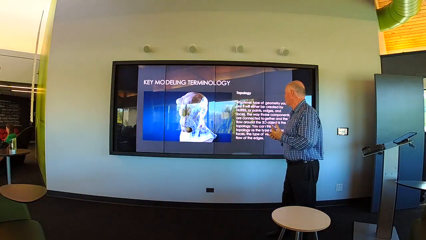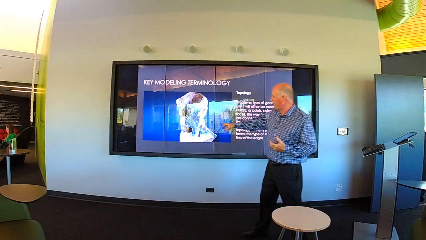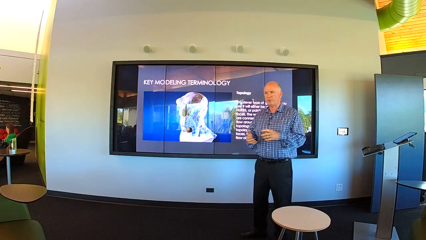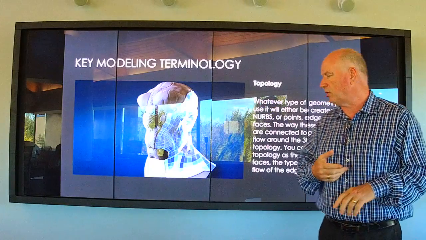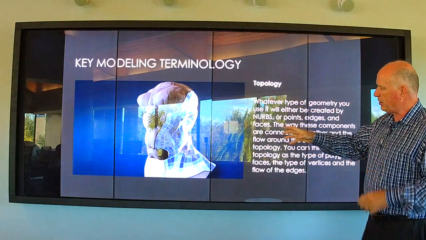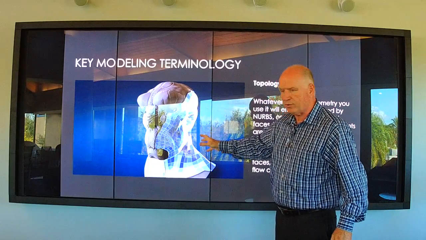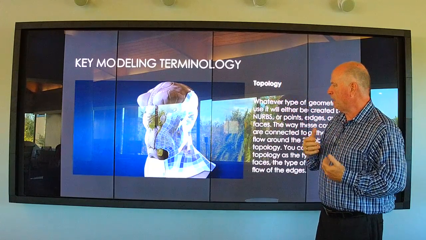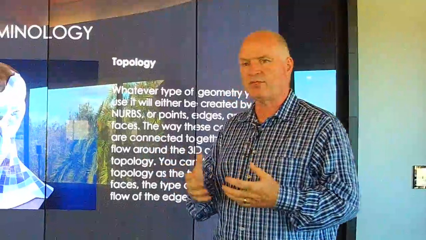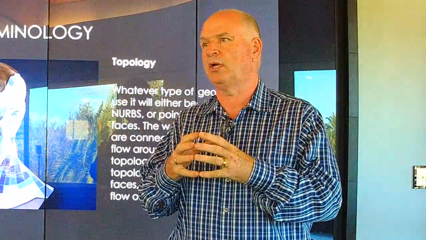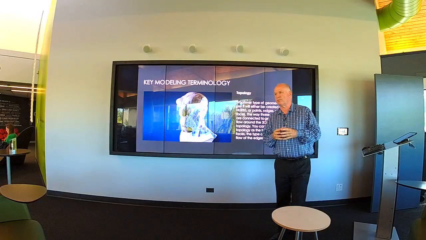Now, when we're talking about topology, we're talking about all of the different types of shapes, the triangles, the faces, the cubes, the knobs, and these are all merged together to create the 3D shape, as you can see, and that's interactive. Now, the beauty of using a shape type of 3D modelling is that the model can be made larger and smaller, so we're good to go in that respect.